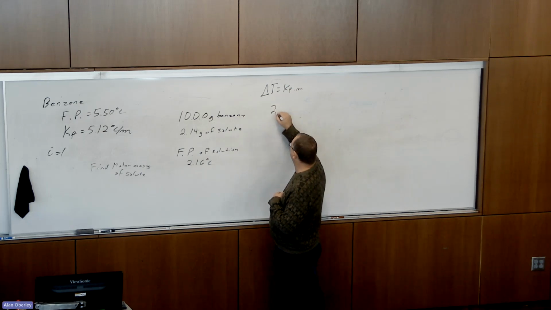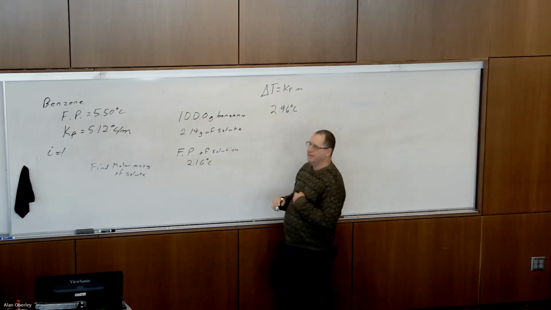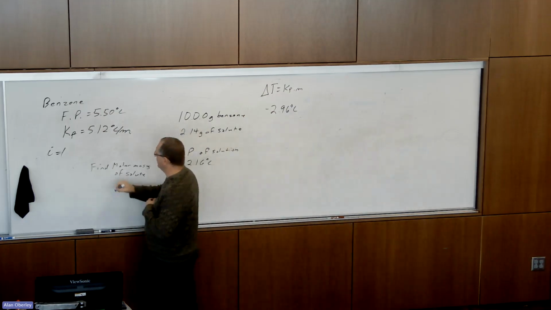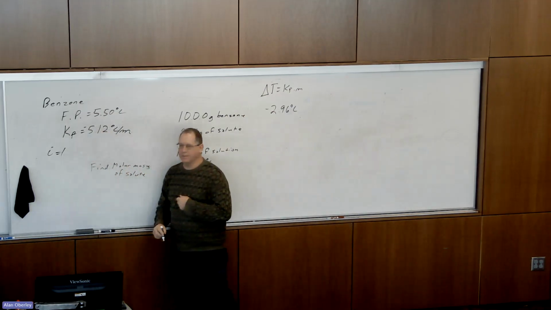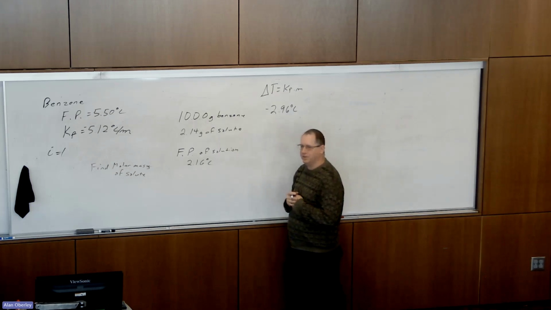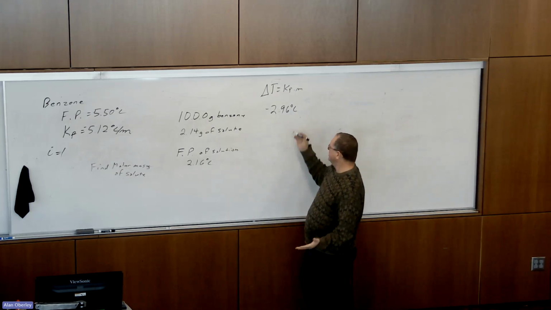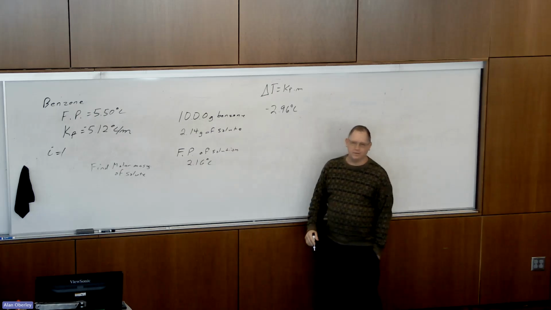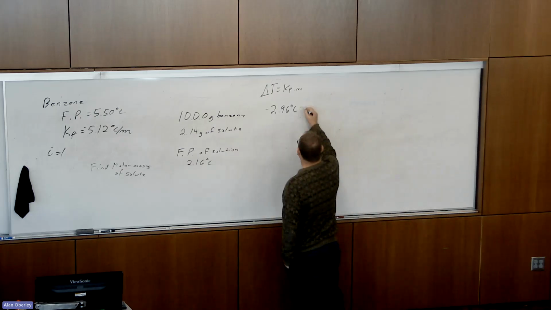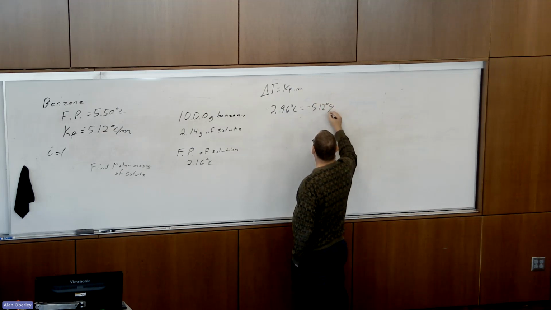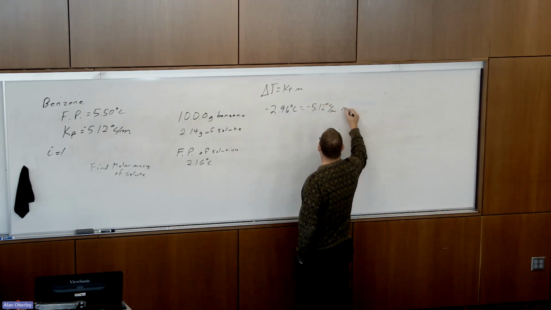Now, really, we should put a negative here and a negative here. I'm going to do this because that's the way it should be, even though our book says delta T is 2.96. Well, no, it went down, so it's a negative. And that's equal to KF, which is negative 5.12 degrees Celsius per mole times our molality.